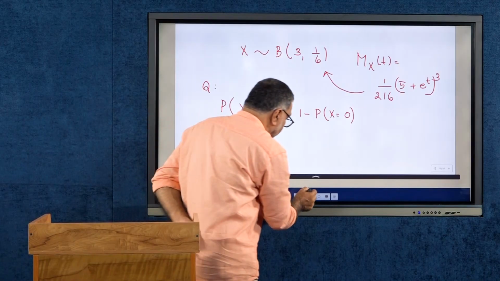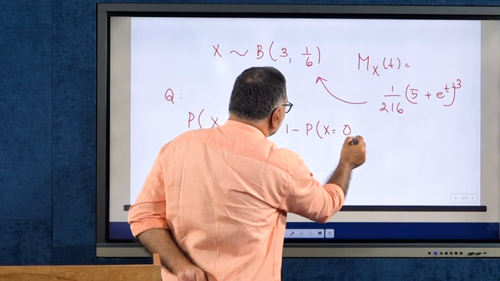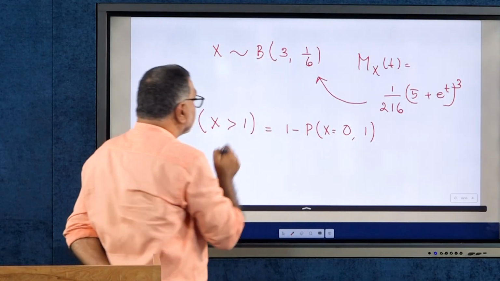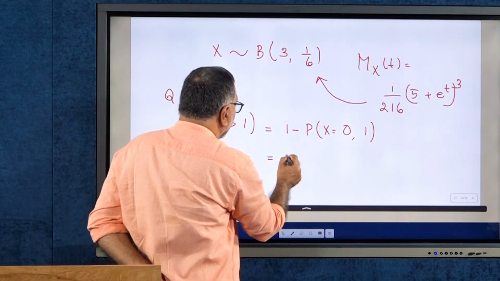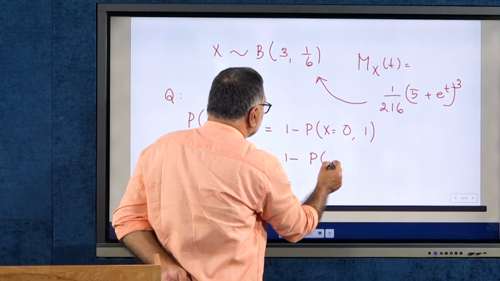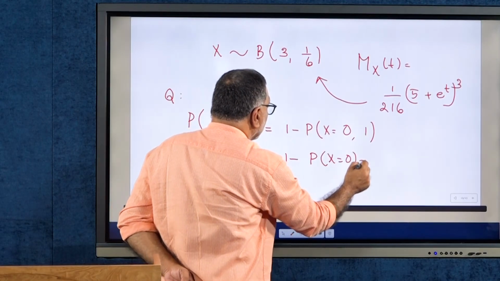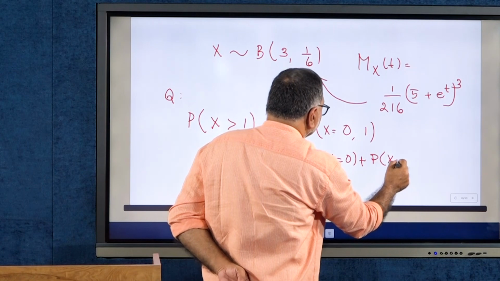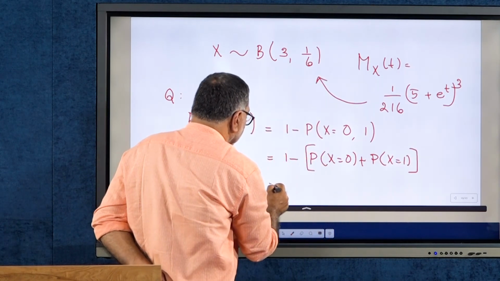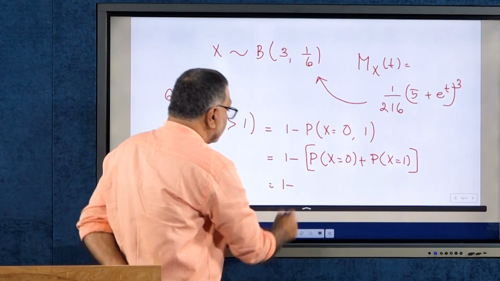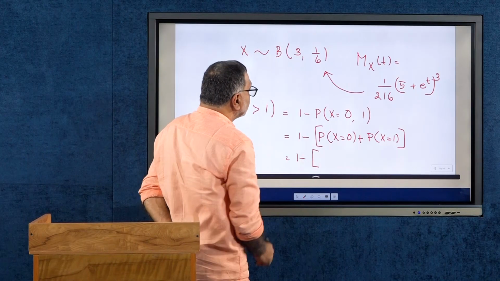Sorry, again, X is greater than 1. So that is 1 minus [probability of X is equal to 0 plus probability of X is equal to 1].